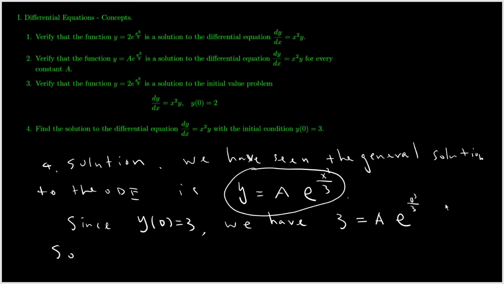The left hand side is 3, the right hand side is a times e to the power of 0, right? It means 3 is equal to a.